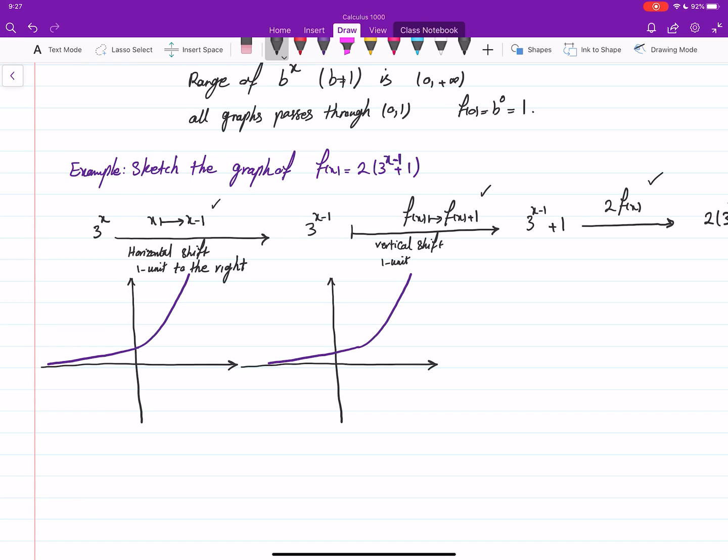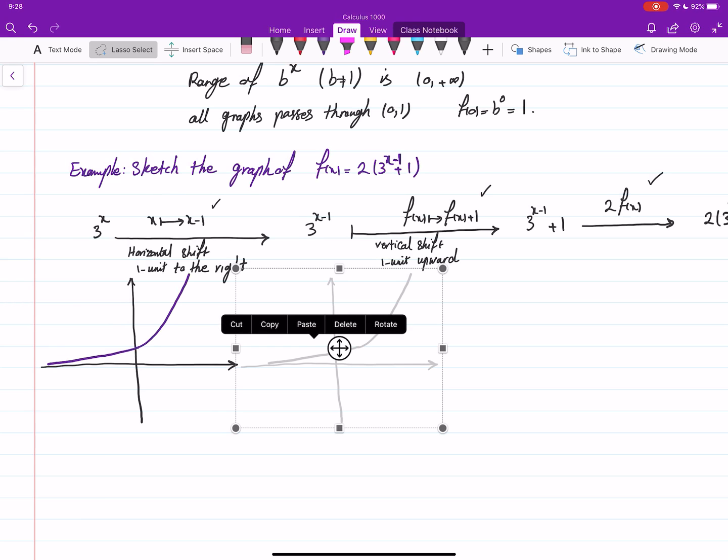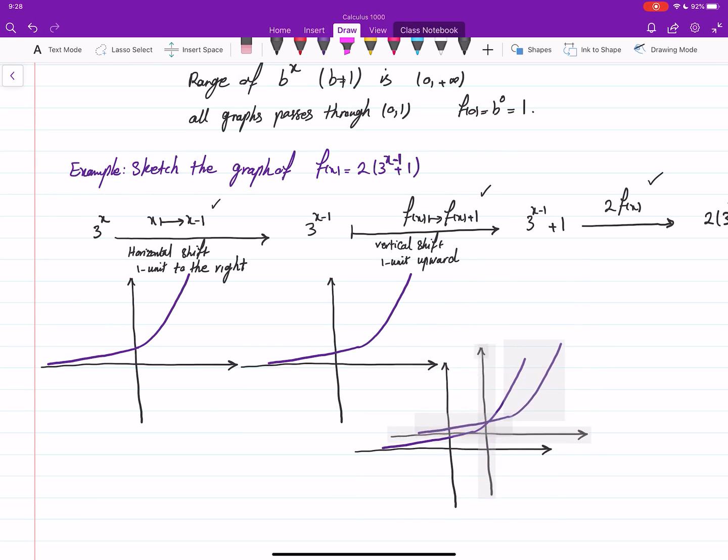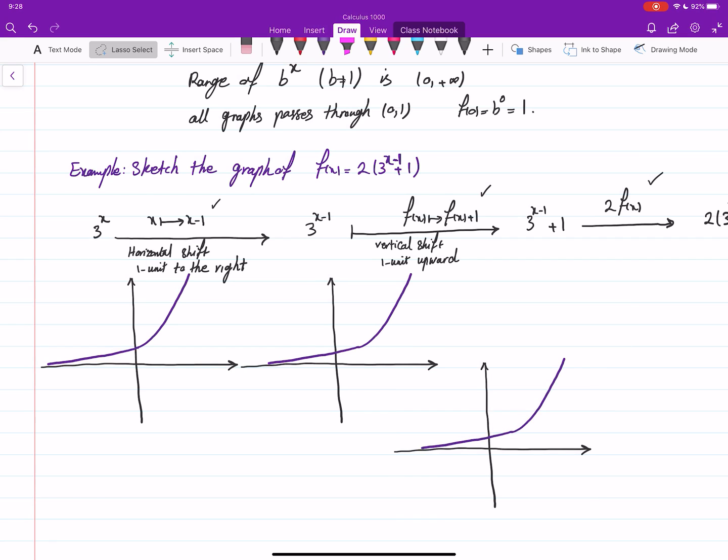So if I select this guy here, copy and paste, I am now dealing with this case, where we are shifting everything 1 unit up. My function is not one piece, that's why I have to do everything in 2 steps.